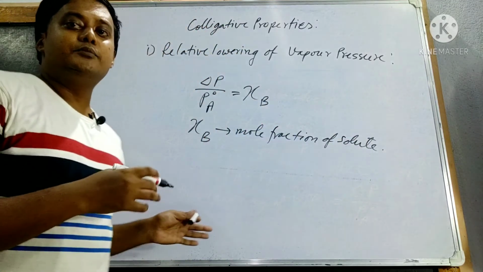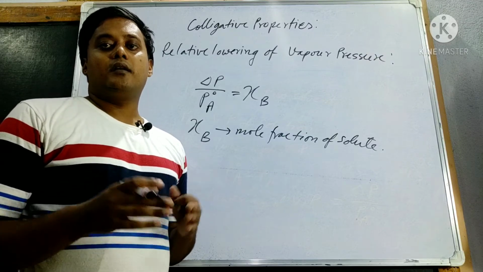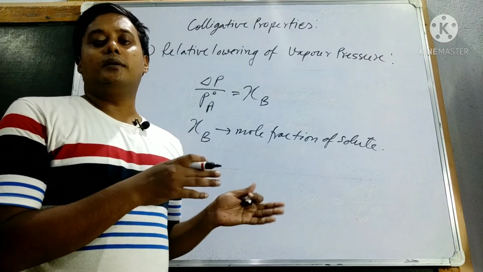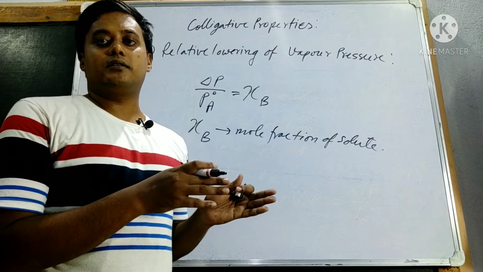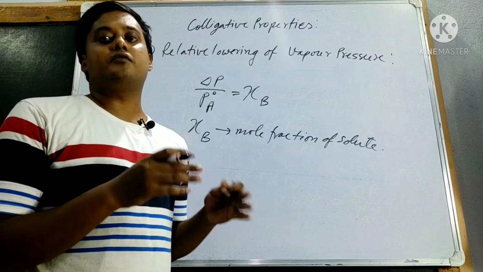For this colligative property we have to apply the different concentration terms. I already have one video on the different concentration terms, or terms expressing the concentration of a solution.